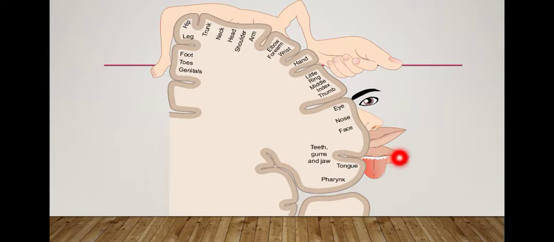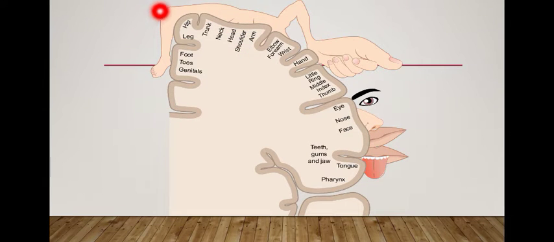So in this one we can appreciate that various parts of the body are represented, and depending on how much part of the cortex has been attributed to a specific part of the body, the pictures have been drawn accordingly. Like you can see that there's a large area of the cerebral cortex dedicated to the control of the hand. That's why we have got fine motor control within the hands, and large areas of the motor cortex are again given to the facial area as well, whereas the trunk has got a relatively lower portion.